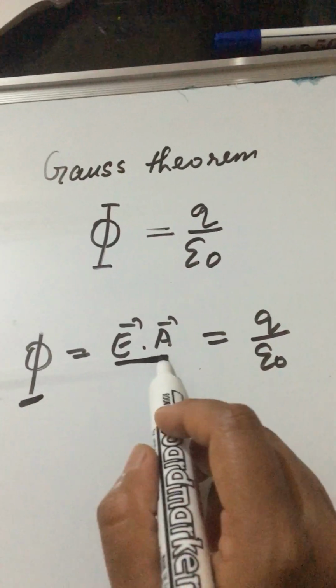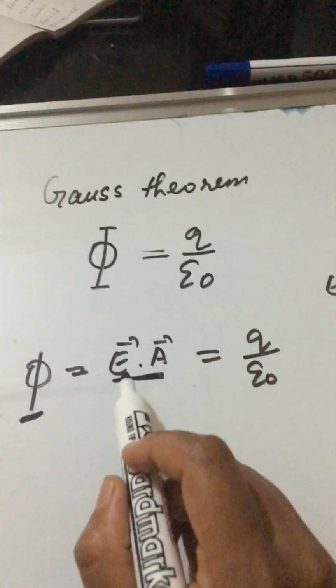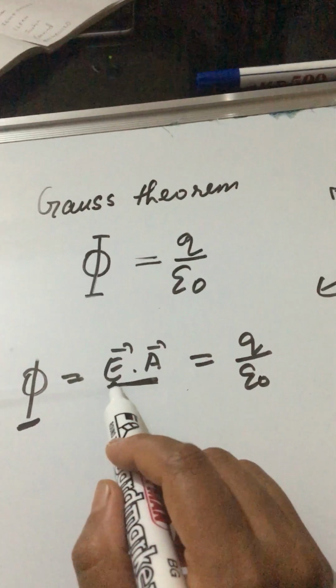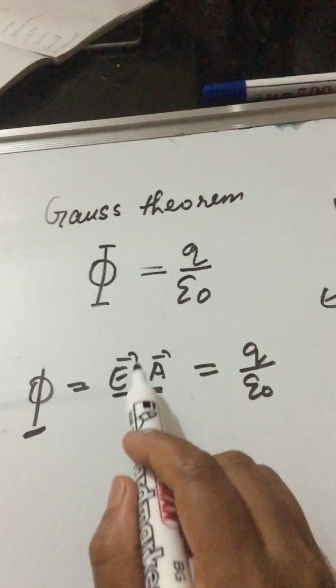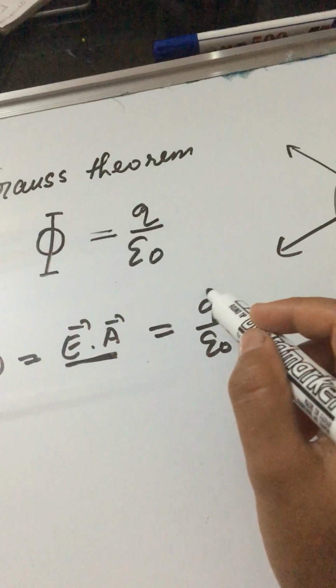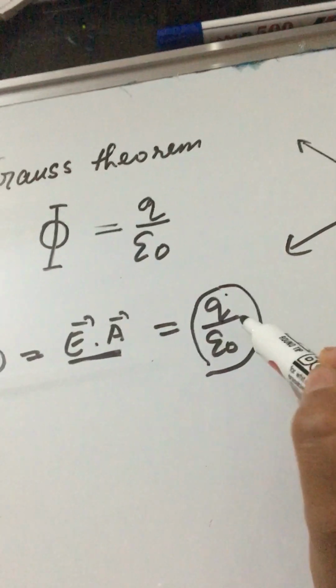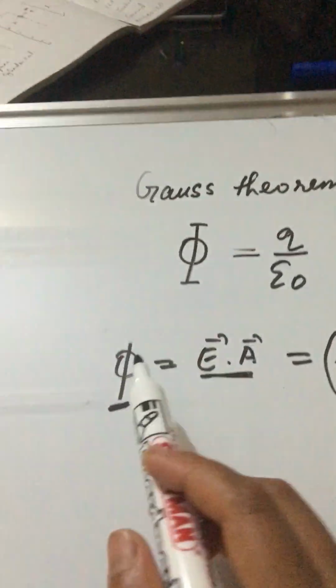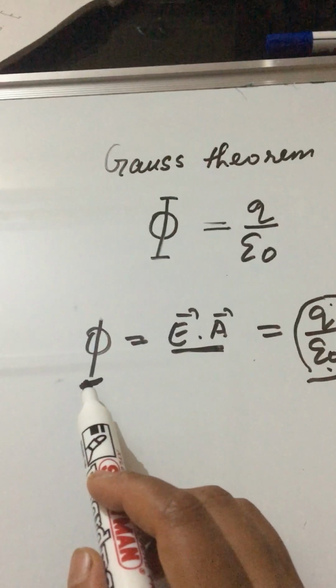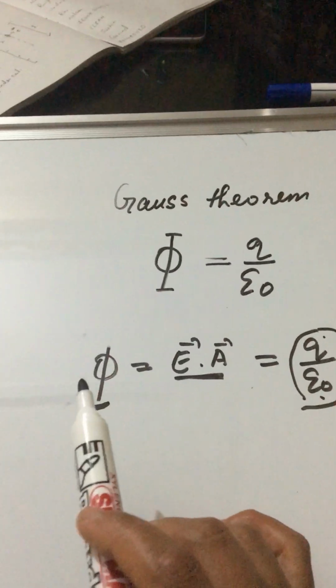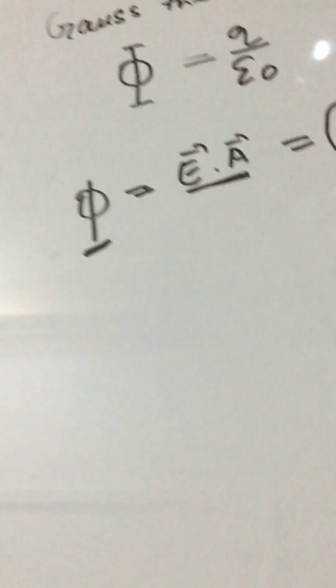Rather than going through E dot A, where individually we find E and A and the angle, if we directly go to the charge enclosed and divide by epsilon naught, we get the flux. This is the goodness of the Gauss theorem.